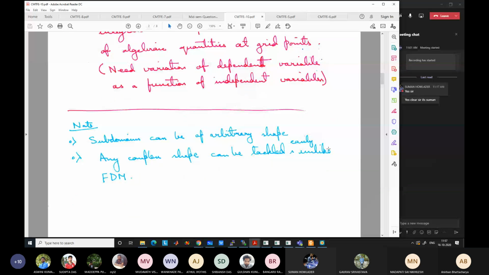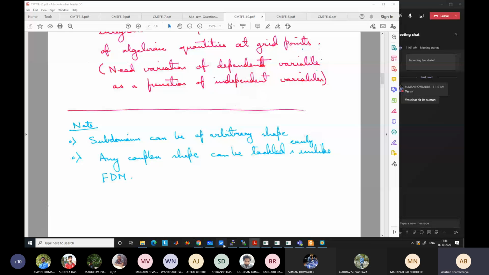As compared to finite difference method, where the subdomains cannot be of arbitrary shape, it has to be regular in shape. Otherwise, you cannot use Taylor series there. And any complex shape can be tackled relatively easily, unlike finite difference method, as we have discussed here.